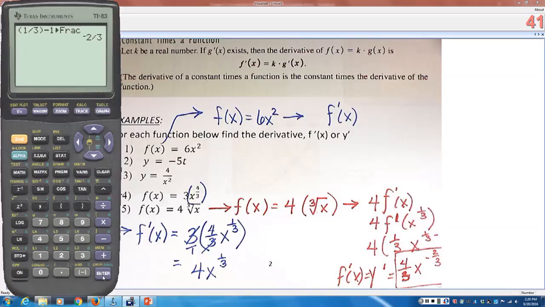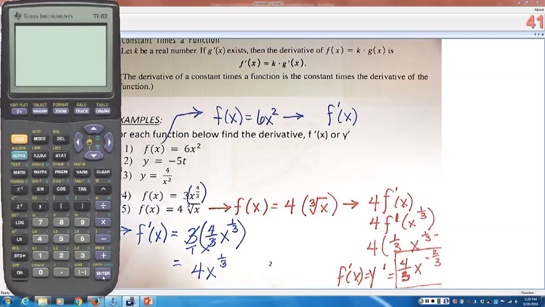Do I need to do anything with it? Don't you have to subtract, 6x squared minus 1, it would be 6x to the first? Yeah, it would just be 6x.